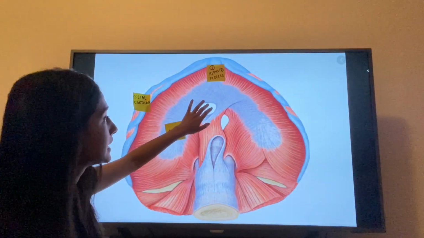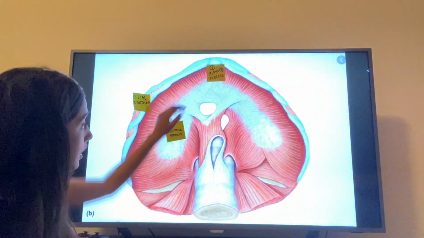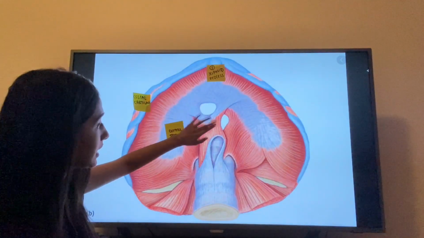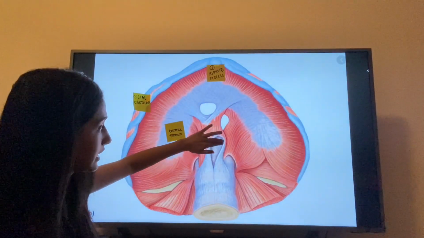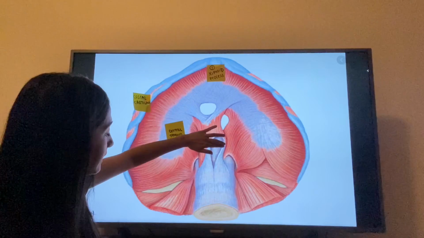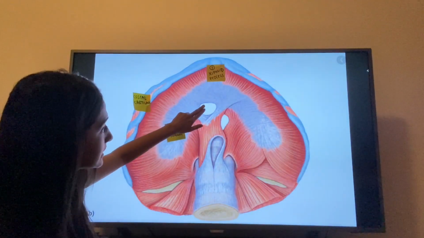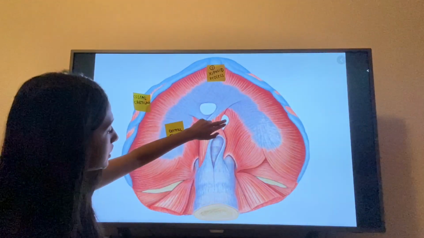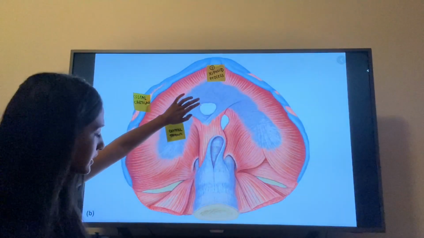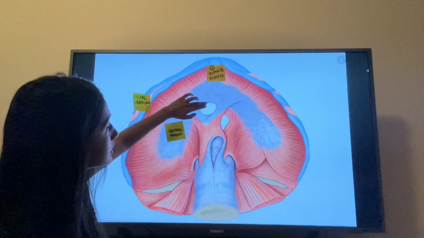There are three major openings. This is the aortic hiatus, and then this is the caval hiatus, and this is the esophageal hiatus. First let's go to the caval hiatus.